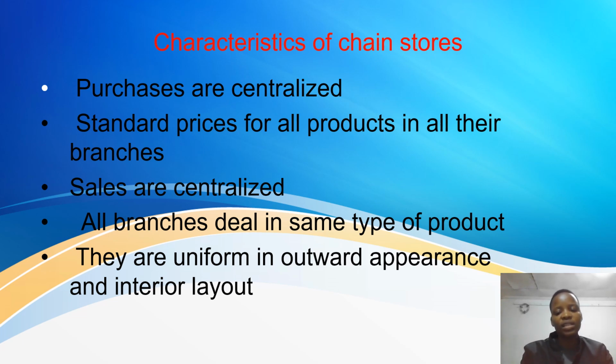If a chain store is created in Nairobi and the aim is to deal with products, let me say clothes, then all the branches of these chain stores will be dealing with clothes only. If they decide to open a branch in Eldoret, then the branch will deal with the line of clothes only and not any other product.